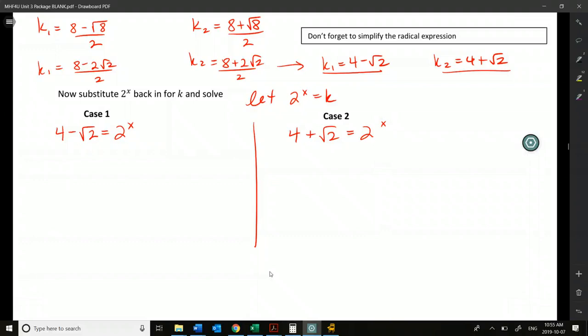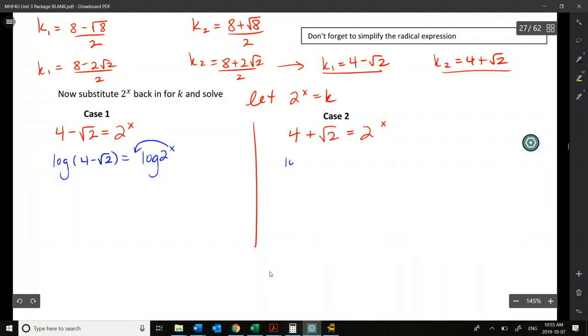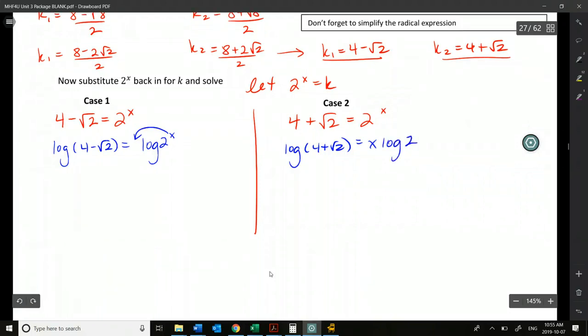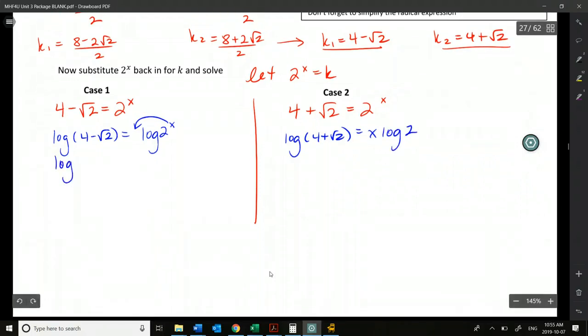So I think you're going in the reverse direction. Log, we'll solve with log. So if I log both sides here, I can get the x out of the exponent. We'll bring it down. Okay, so same idea on each side here. And then I can get x by itself by just dividing out that log of 2 there.